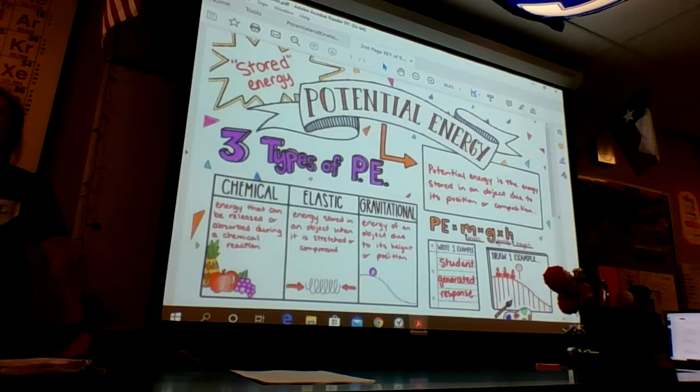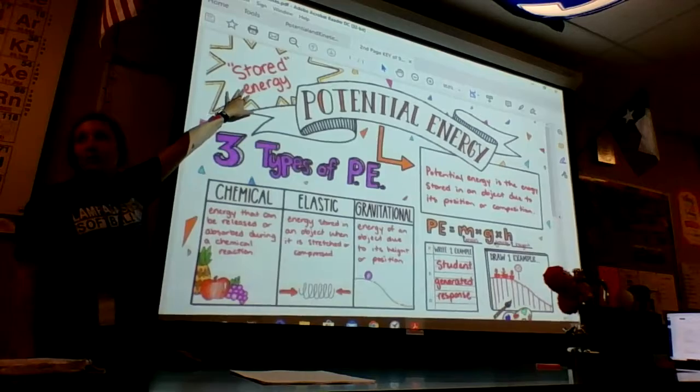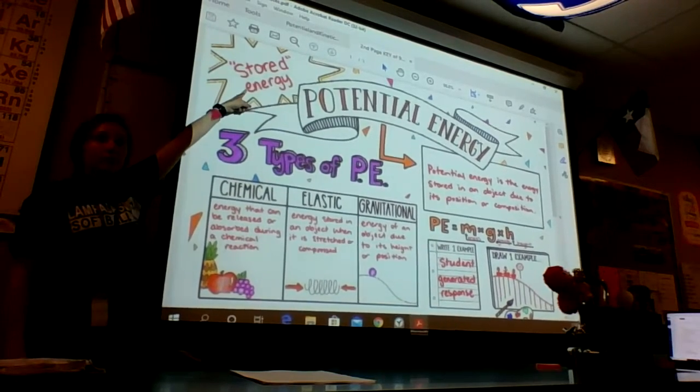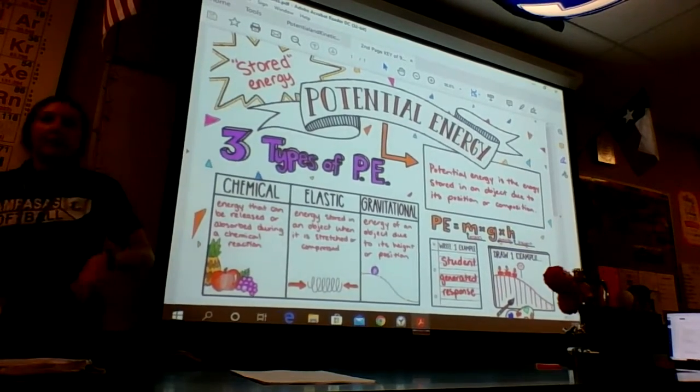In case you missed it, in this top left corner, there's stored energy up here. This red, don't forget to write that down as well.